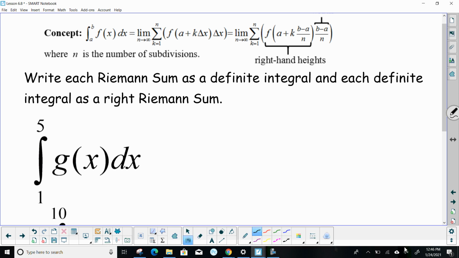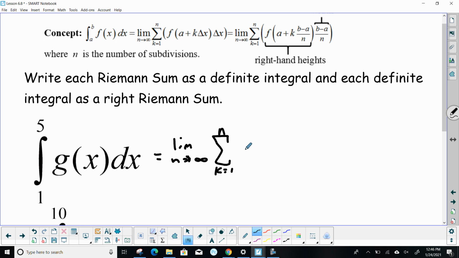We're going to write it down as being the limit. A lot of times you forget to put the limit as n approaches infinity in front. If you do, that's incorrect. You have to have that. So the limit as n approaches infinity of my Riemann sum, and we're going to go from k equals 1 to n.